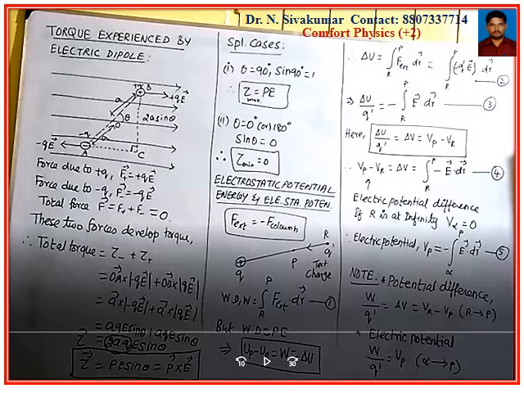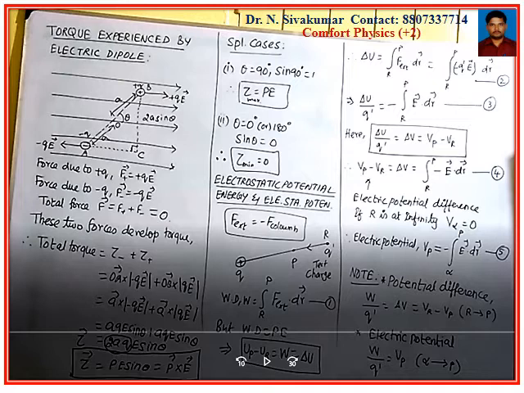Or simply one can say the force experienced by the test charge F, E is equal to F by Q dash. Therefore F is equal to minus Q dash into E, since it is in the opposite direction. So delta U divided by Q dash is equal to minus the integral from R to P of E vector dot dr vector.